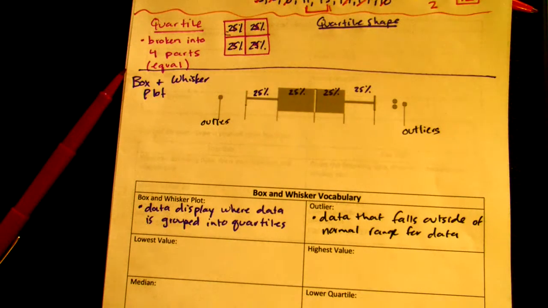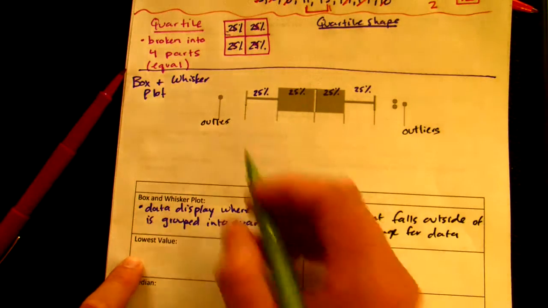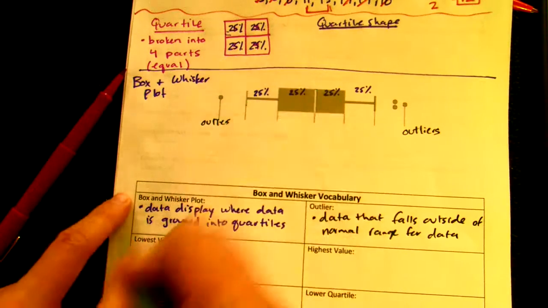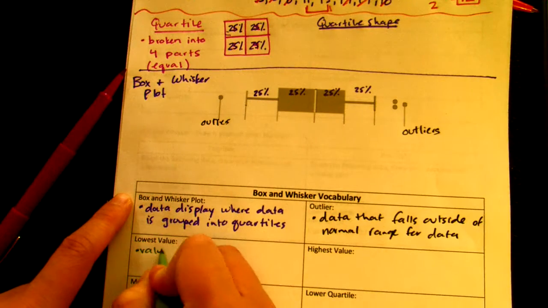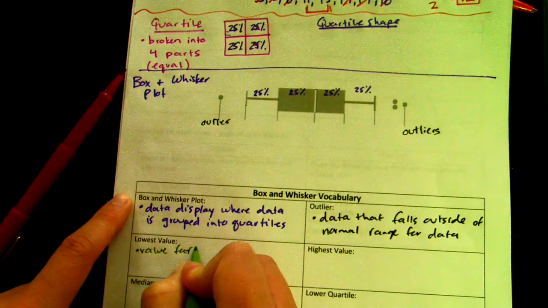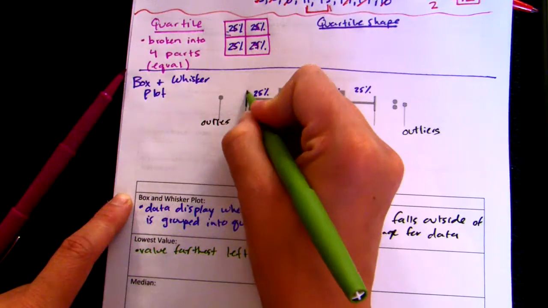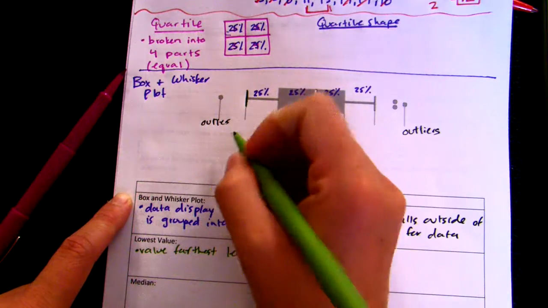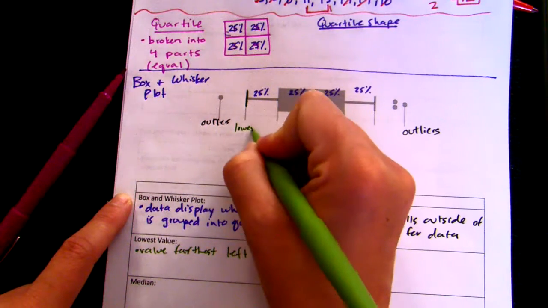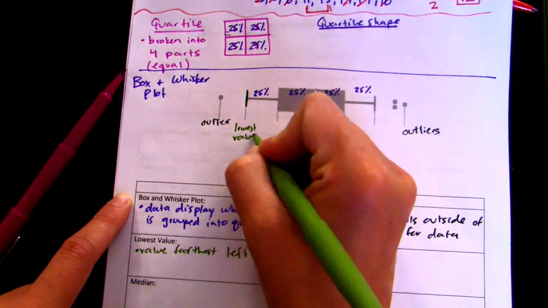Our next one is our lowest value. I think this one is pretty self-explanatory. Our lowest value is going to be the value farthest left. Here, the end of this whisker represents our lowest value.